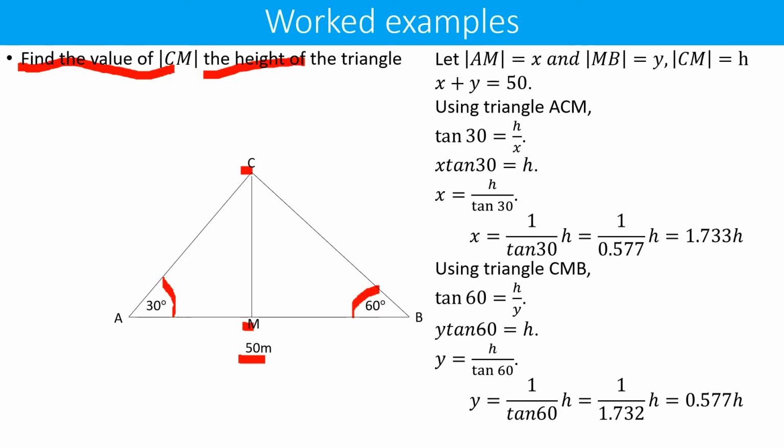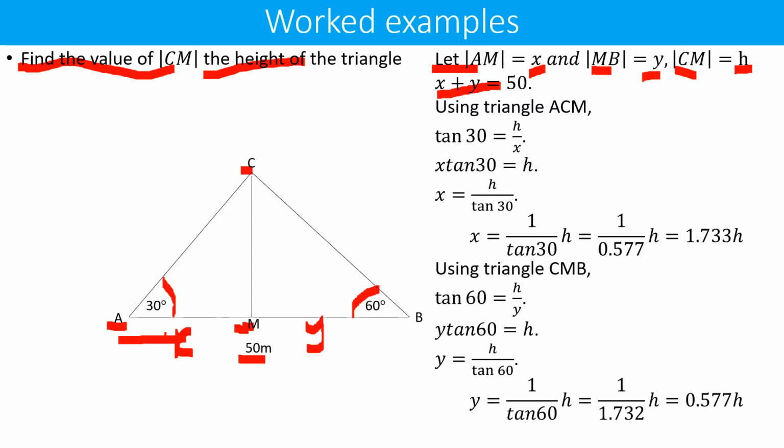So first let AM equal X, then MB equal Y. So here will be X, and here will be Y. Then CM is H. Therefore, if we sum X and Y, we get 50. So X plus Y is equal to 50.